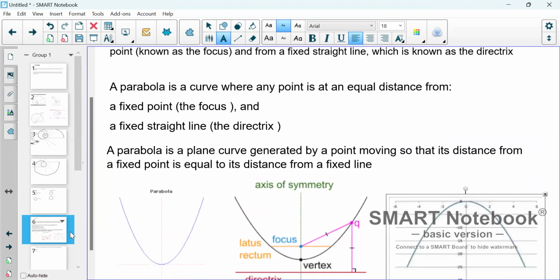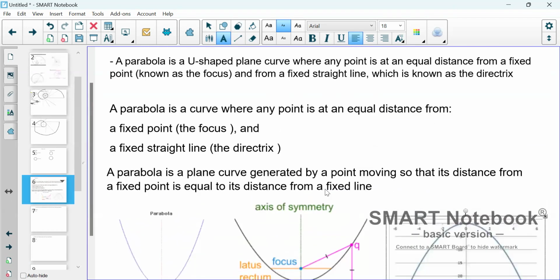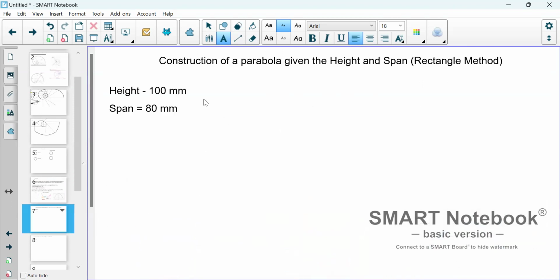Now we'll go straight into the construction of a parabola. Today we want to complete two methods of constructing a parabola. Right, the first one would be where you're given the height of the parabola and the span, right, which would be the width.